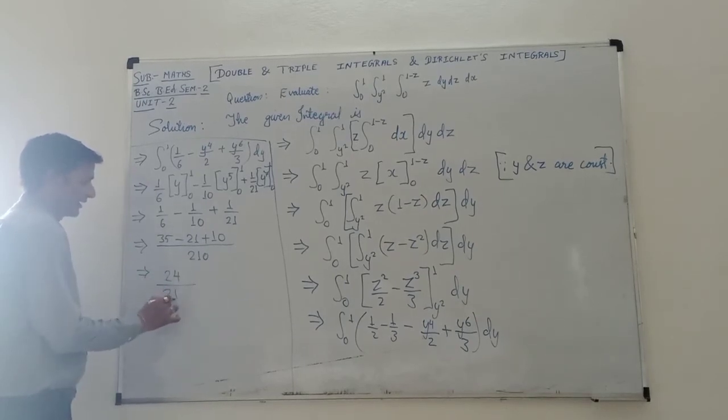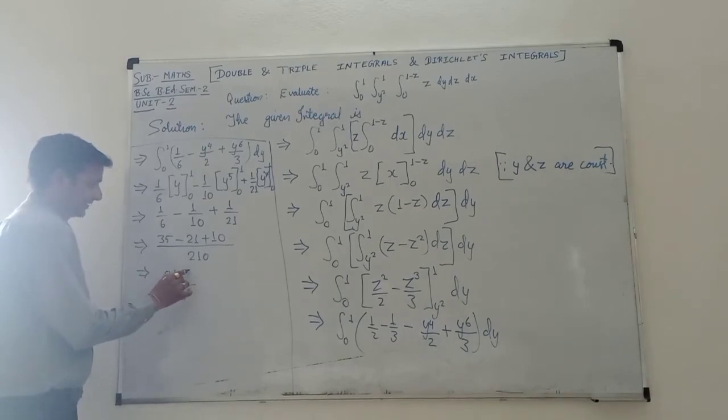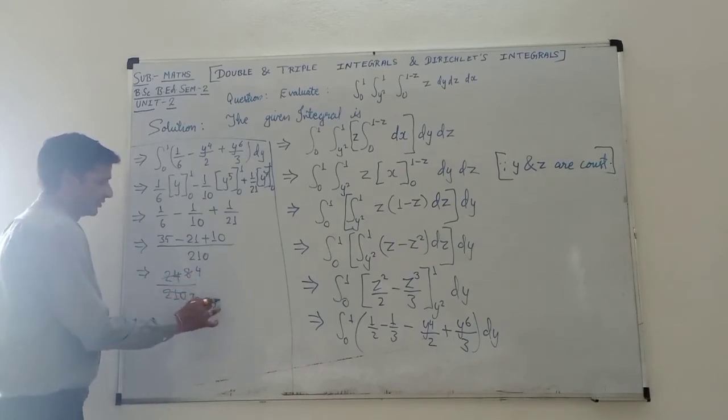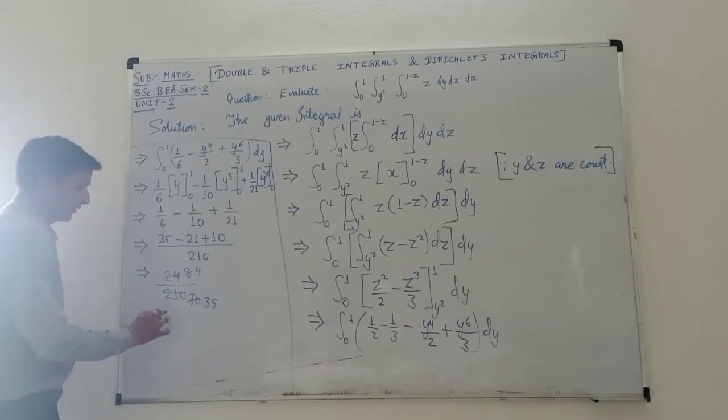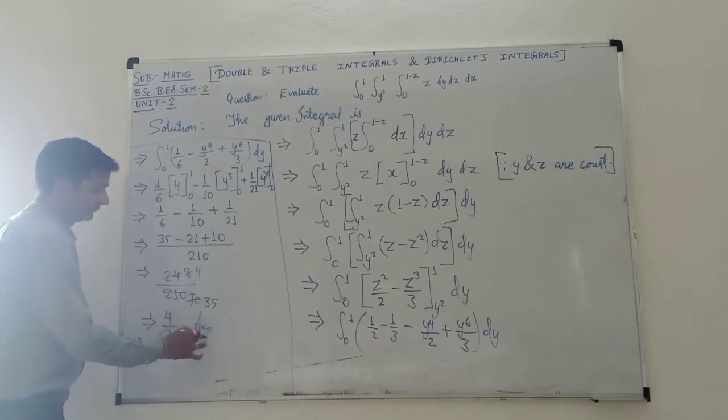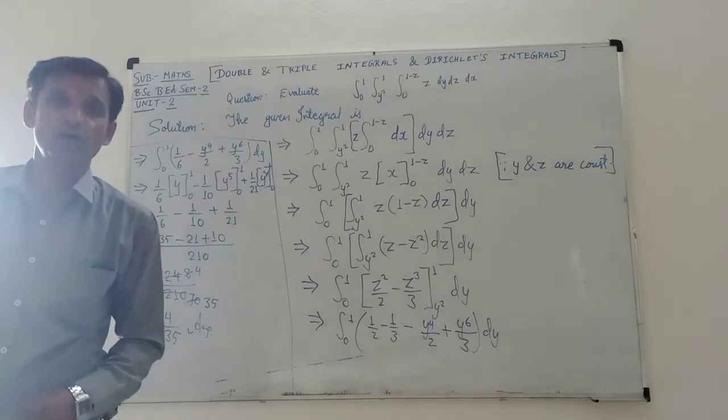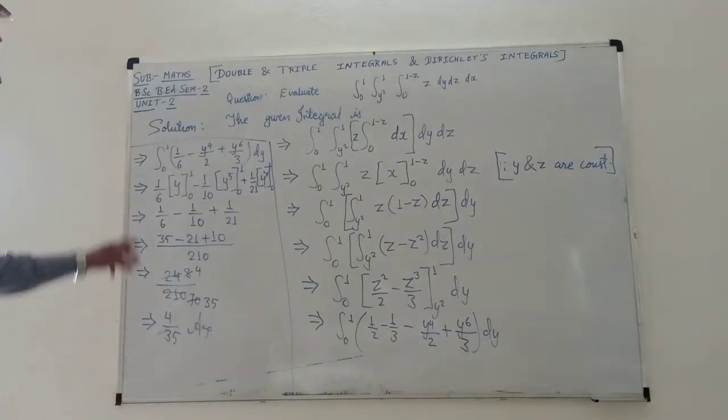So 24 upon 210. Dividing by 6, 3 and 7 are 21, so 4 upon 30. So this answer is again 4 upon 30. This is the answer. So this question is also now over.